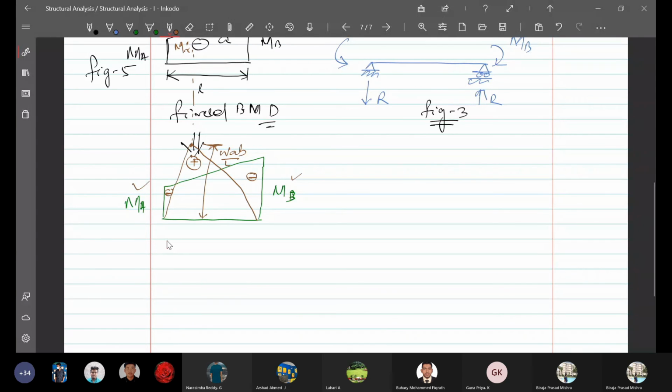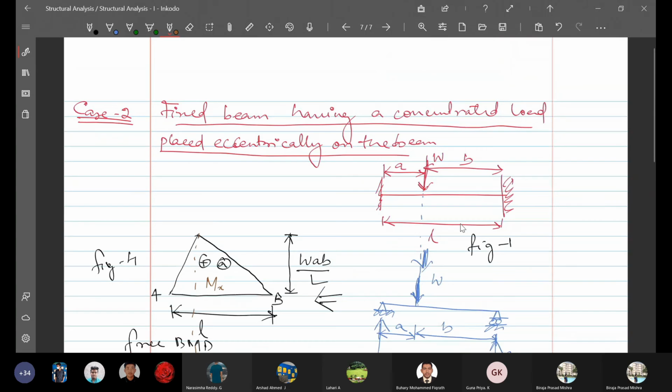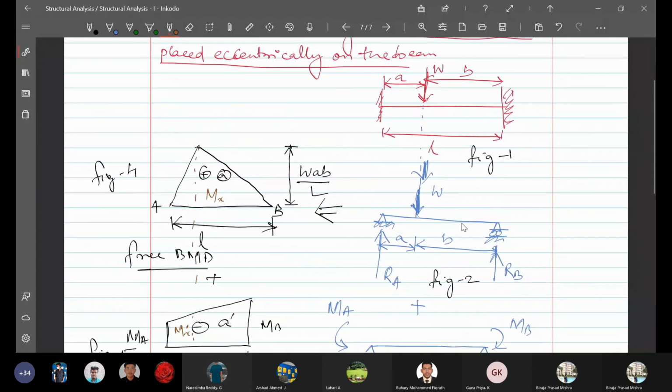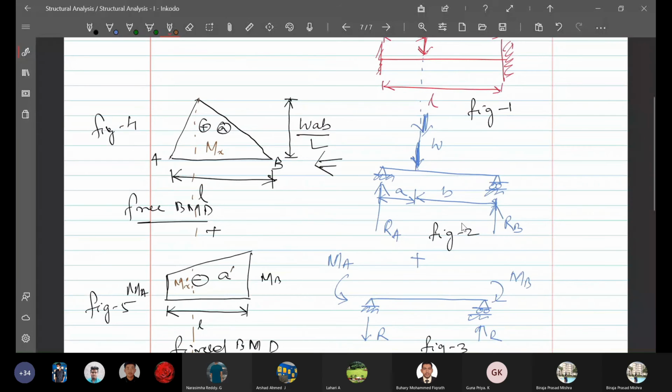So I can write this as the resultant bending moment diagram for the fixed beam. Now let's write this in a presentable format.